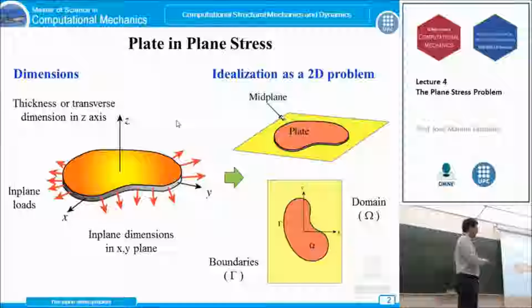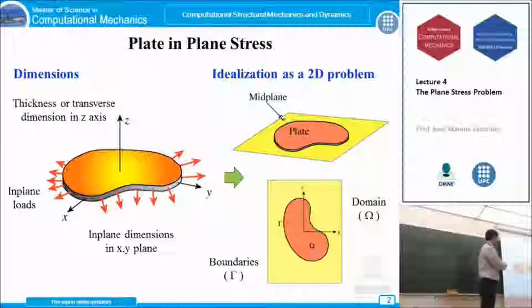So we consider the plane stress problem when we have a problem like that. For example, considering a plate. A plate is a domain topology where the thickness, or in general transverse dimension, is quite much smaller than the in-plane dimensions.